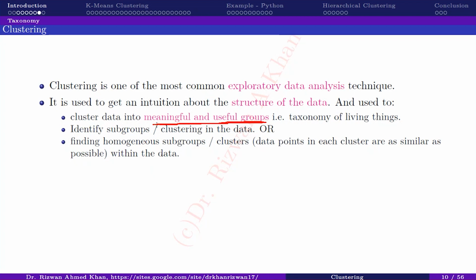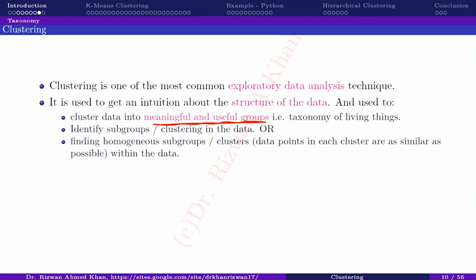Meaningful is a subjective term and it is based on knowledge of the domain. Or if we know a priori how many clusters there are, or if we have a mixed bag, like 1,000 unlabeled data and maybe 10 or 15 labeled data, we can find meaning from the clusters. So clustering is not meaningless, it is meaningful.